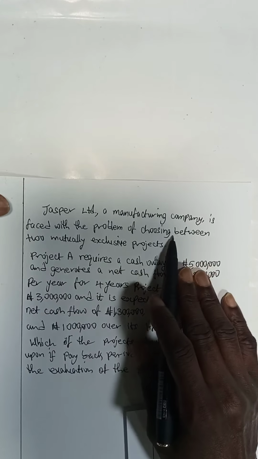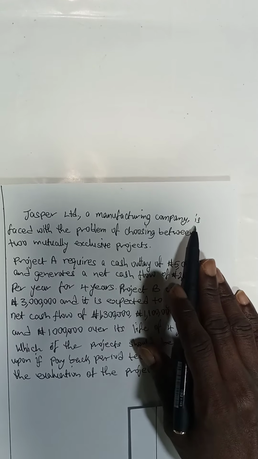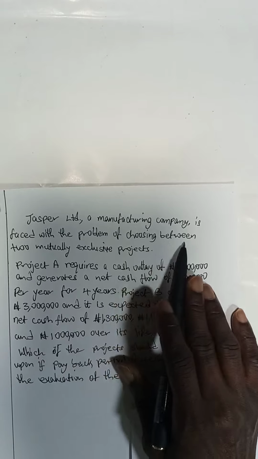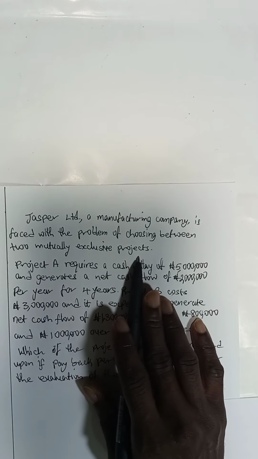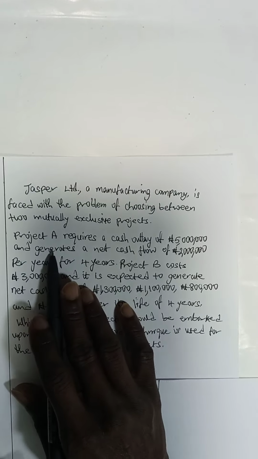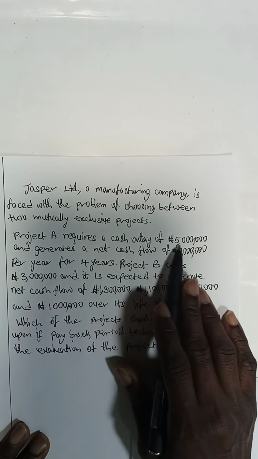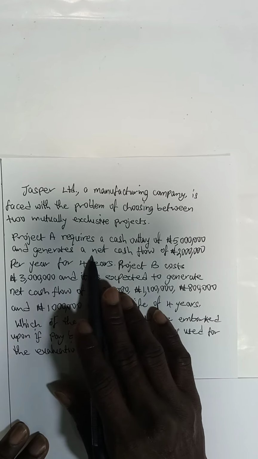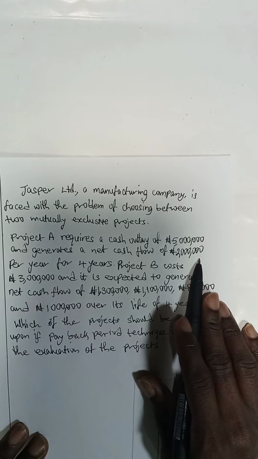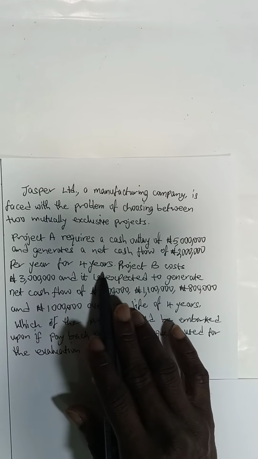Jasper Limited, a manufacturing company, is faced with the problem of choosing between two mutually exclusive projects. Project A requires a cash outlay of 5 million and generates a net cash flow of 2 million per year for 4 years.